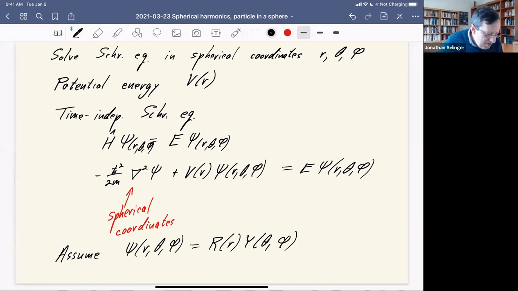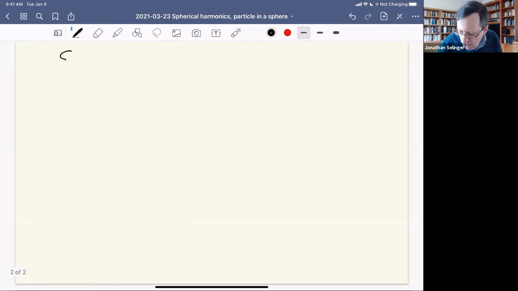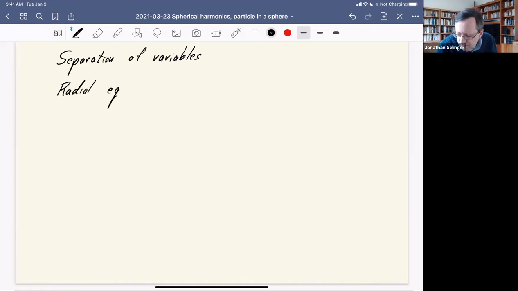And then what we did was separation of variables. By using this method of separation of variables, our time-independent Schrodinger equation splits into two equations, the radial equation and the angular equation.